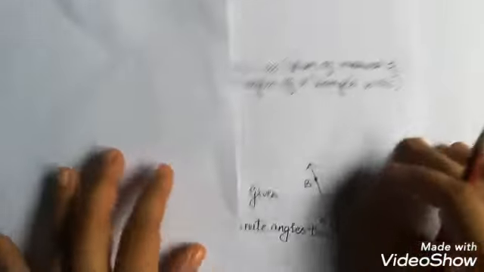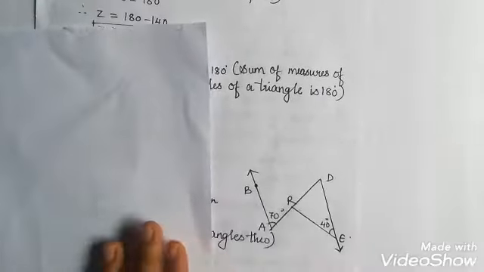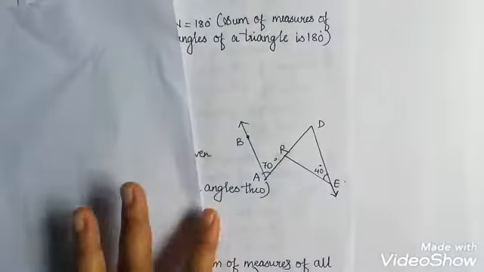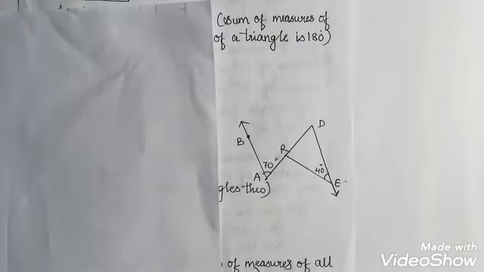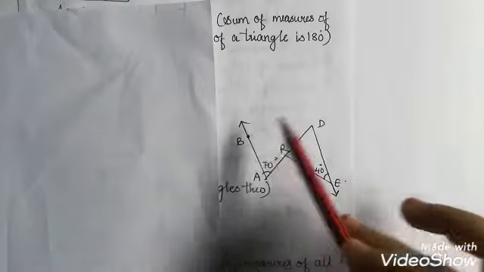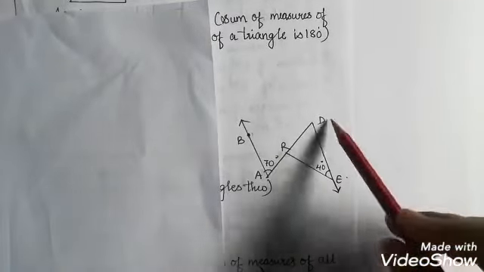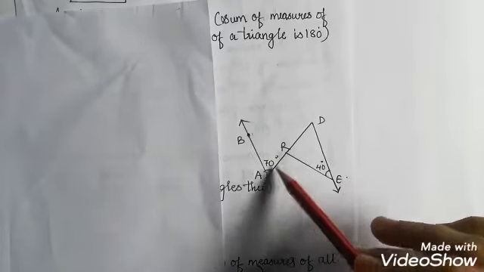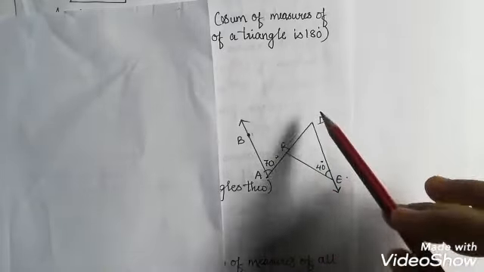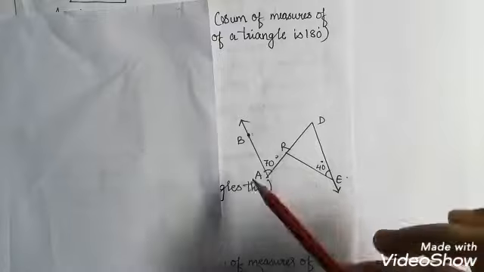Now we'll see the figure. Now in the figure they have said that AB is parallel to DE, right? So now if AB is parallel to DE, then AD is a transversal. Okay, so AD is a transversal.